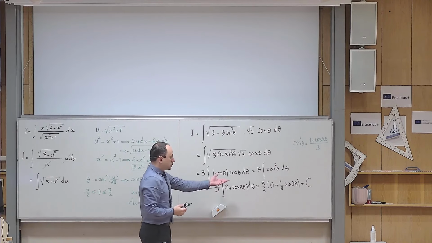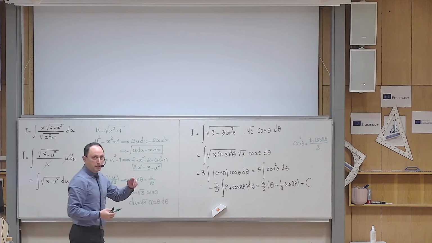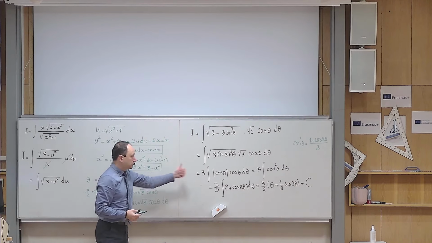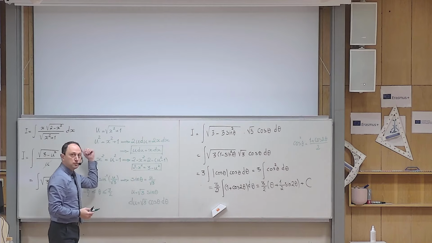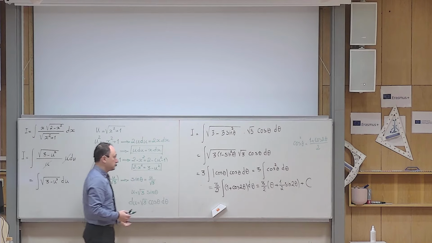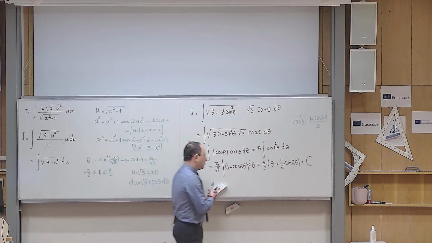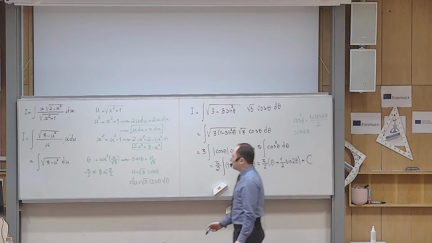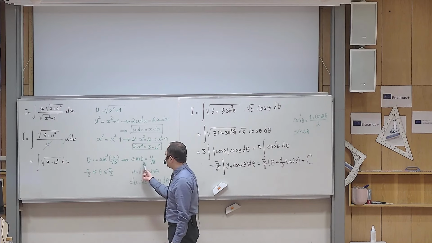Okay, now of course this integral is finished, but I have to go back to my original variable. So I have to switch from theta to u and then from u to x. So I have to do it in 2 steps. In order to do that, I want to use the formula for sine 2 theta here as well, because what I know is about sine theta.